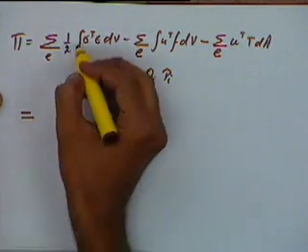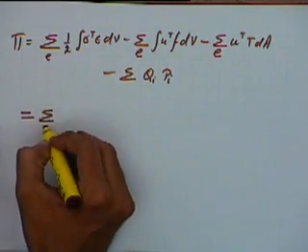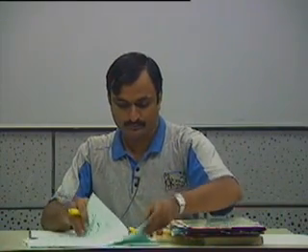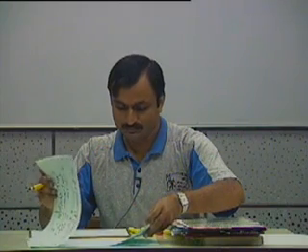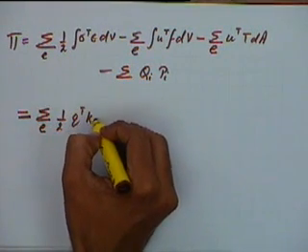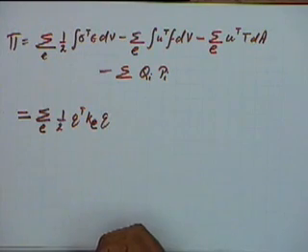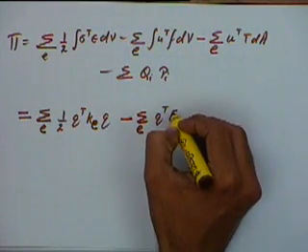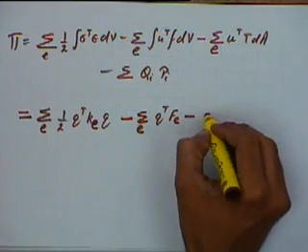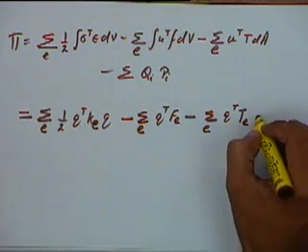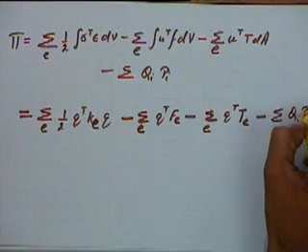This first term will now become summation over all the elements of half of Q transpose Ke into Q, minus we have summation over all the elements of Q transpose multiplied by Fe, minus summation over all the elements of Q transpose multiplied by Te, minus sigma Qi Pi.